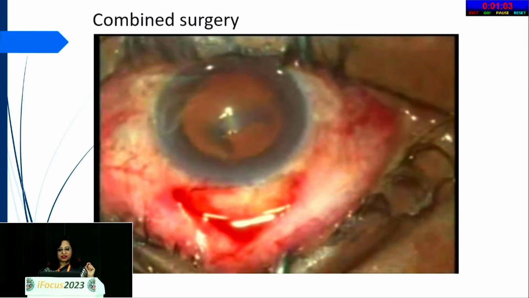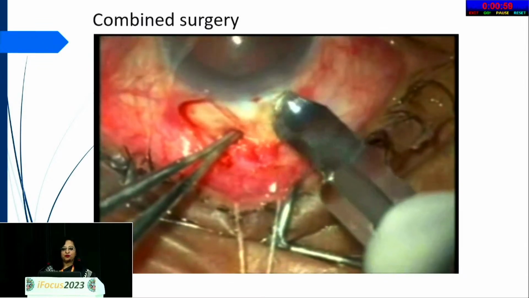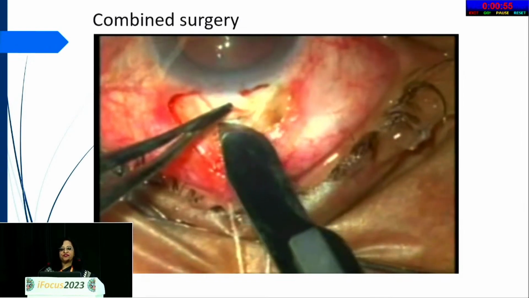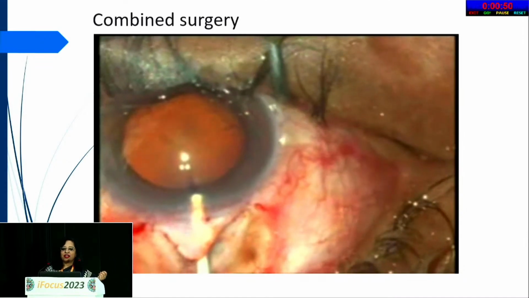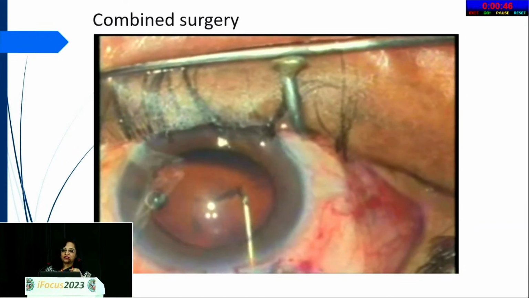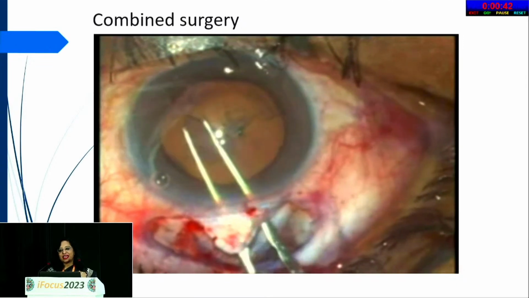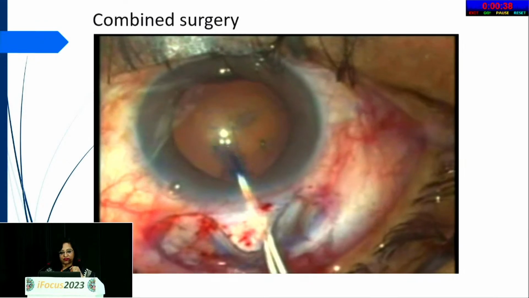So after cutting the conjunctiva, which is fornix based, you can put a 3.5 into 5 millimeter triangular or rectangular flap, depending upon individual choice, 1/3 to 2/3 thickness, and then you enter through the same and complete the phaco procedure through the same triangular inner cut which you have created.